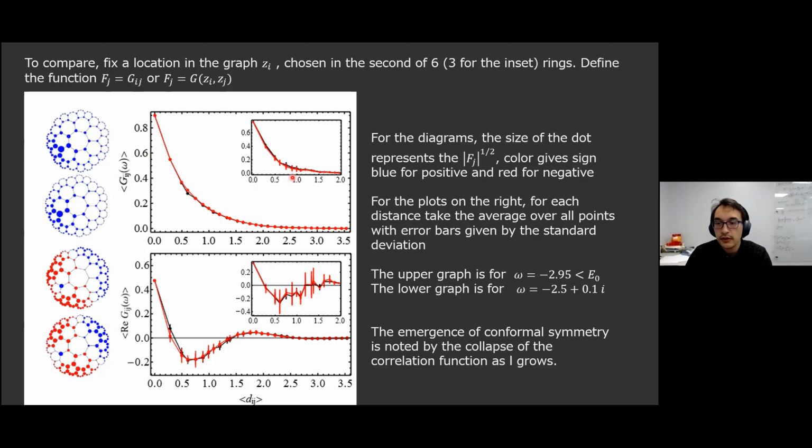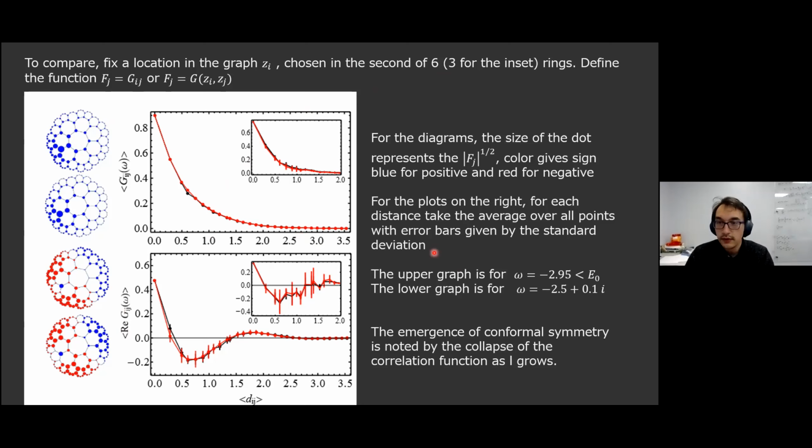And then the inset gives a different number of layers. The big graph and these pictures over here are taking 6 rings, but the inset takes 3 rings.